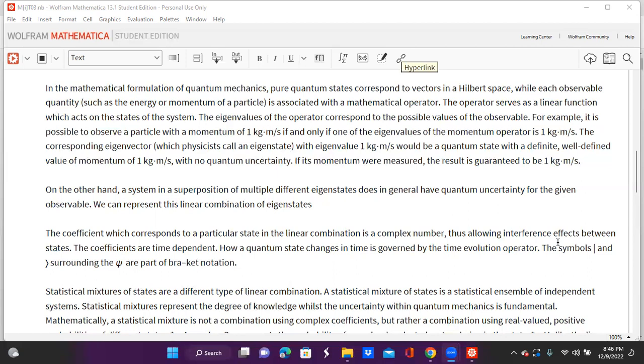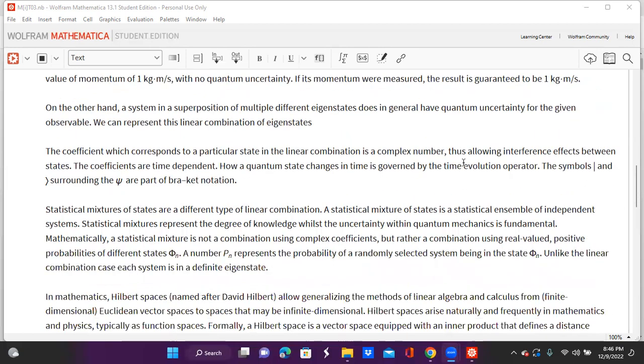The corresponding eigenvector, which physicists call an eigenstate, with the eigenvalue 1 kilogram per meter squared, would be a quantum state with a definite, well-defined value of momentum of 1 kilogram meter squared, with no quantum uncertainty. If its momentum were measured, the result is guaranteed to be 1 kilogram per meter squared.